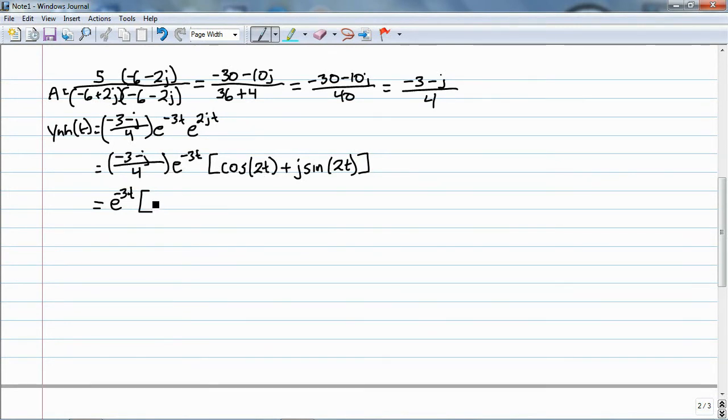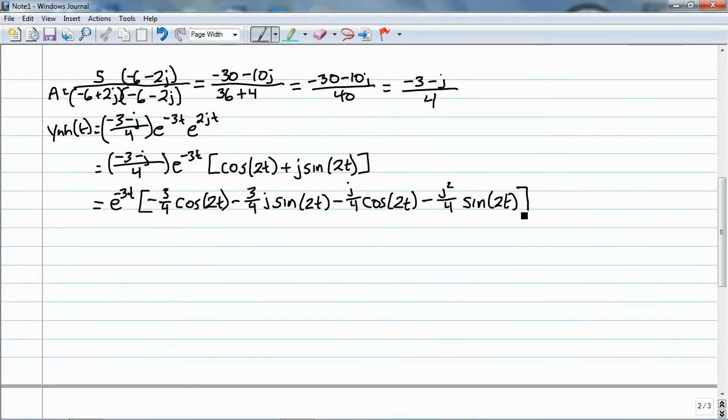So I'm going to have minus 3/4 cosine 2t minus 3/4 j sine 2t minus j over 4 cosine 2t minus j squared over 4 sine 2t, because don't forget the j in front of the sine, and let's collect our real and imaginary terms.